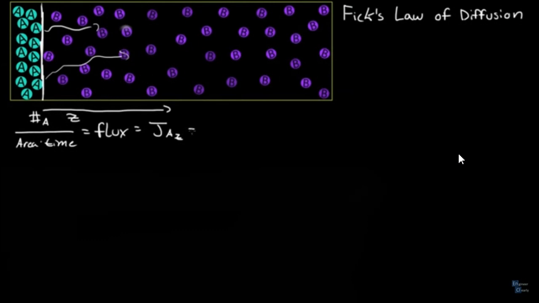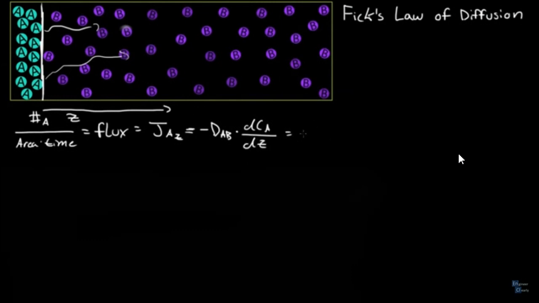And he actually was able to make an equation for it, where it was the negative diffusion coefficient of AB. So this is A and that's B, times change in concentration of A per change in the Z direction.